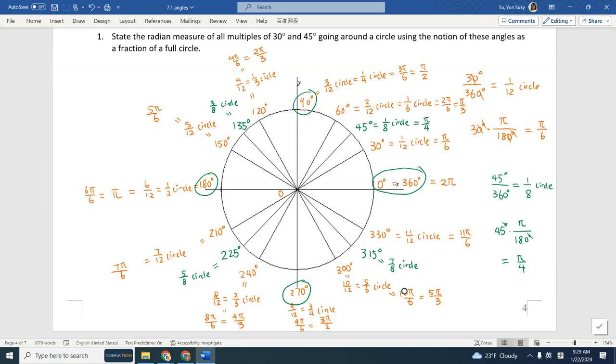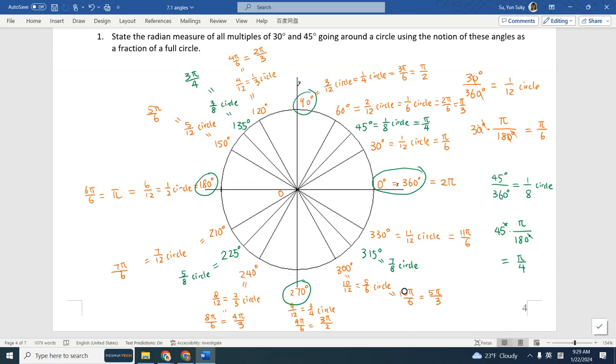And then 2 copies of pi over 4, you get what? Pi over 2. How about here? Here we get... how many copies of pi over 4? 3. 3 pi over 4. Good. And then the next one? Yeah, 4 pi over 4 is pi. It matched with our answer. Yay.